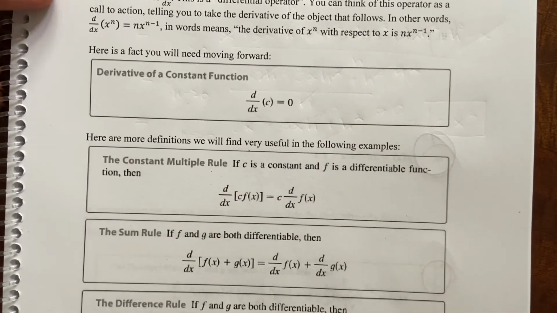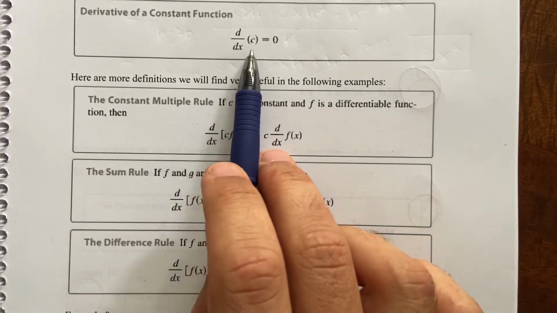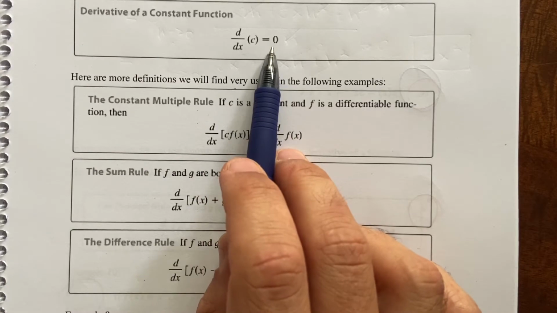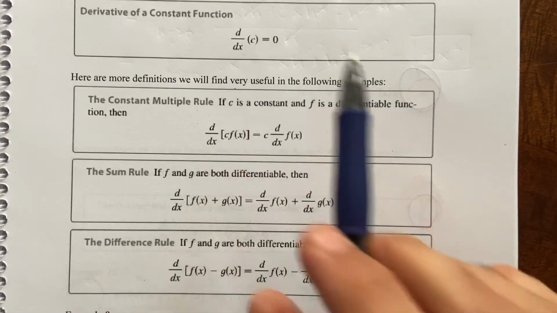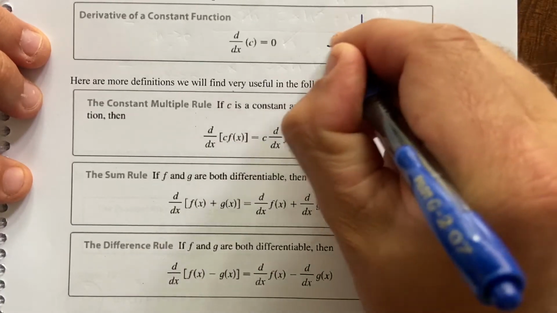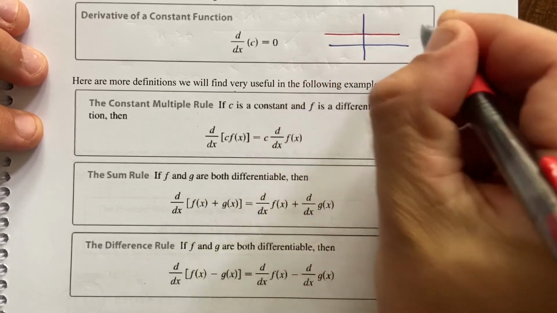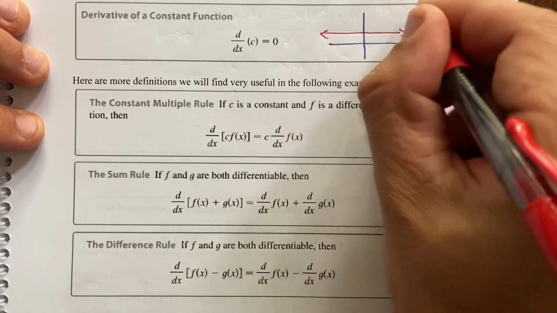Okay, here are some rules. It says the derivative of a constant is 0. Keep in mind the derivative is a measure of slope. So imagine you had this constant function, let's call it the function y equals c.